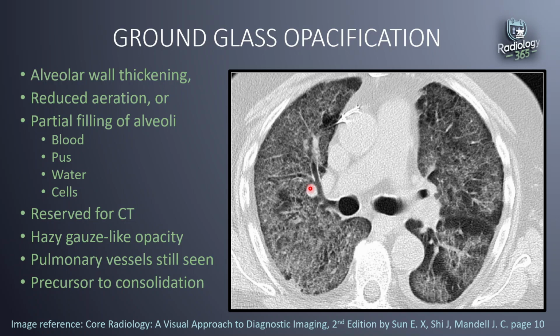So in this CT image, we see diffuse ground glass opacification. The pulmonary architecture, including vasculature and bronchi, can still be seen, which is characteristic for ground glass opacification. Although these imaging findings are non-specific, this was a case of acute respiratory distress syndrome.